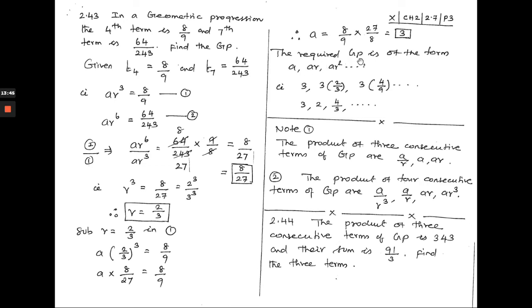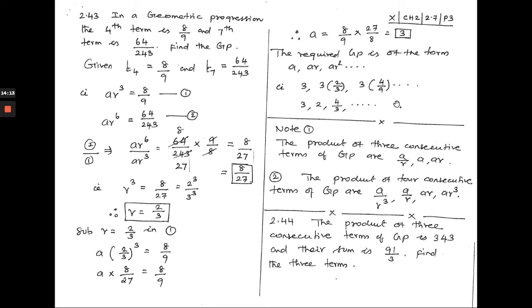Therefore, the required GP is of the form a, ar, ar squared, etc. a is equal to 3, ar is 3 into 2 by 3, which is 2, ar squared is 3 into r squared, 4 by 9, so 3 and 9 cancel, giving 4 by 3. So the required GP is 3, 2, 4 by 3, etc.